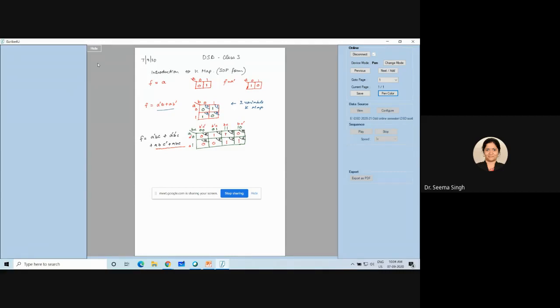Now the same thing I will show you in the K-map. In the K-map, you can see ABC is this, ABC bar is this. We do a pairing. Whenever we get 2 ones adjacent to each other, we do pairing.